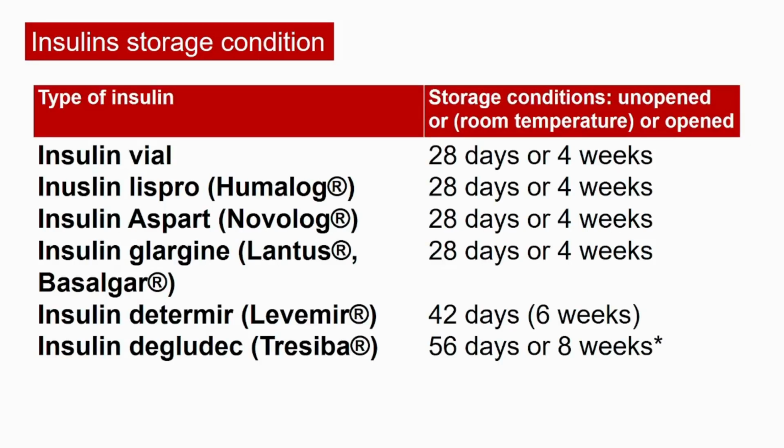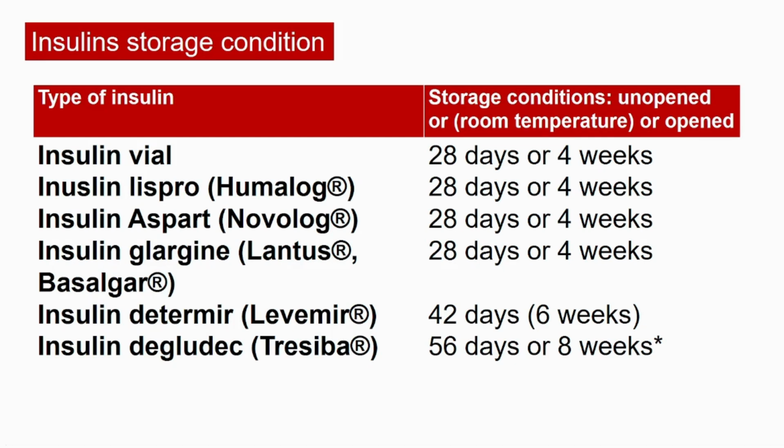The other important thing about insulin is that it is a protein. Since insulin is a protein, it is sensitive to temperatures and the external environment. Therefore, regarding storage conditions, all insulins are stored in the fridge in the pharmacy, however, types of insulins differ in their storage conditions.